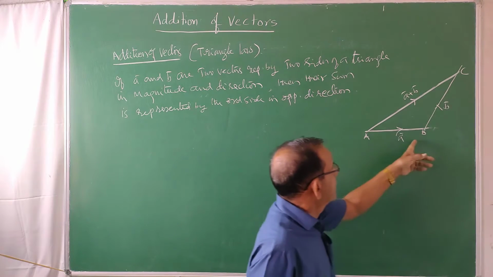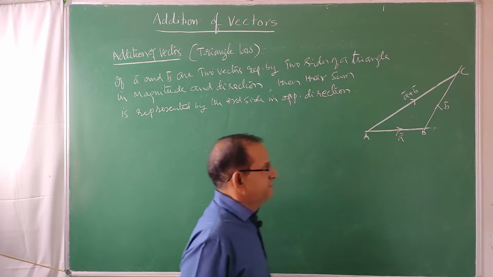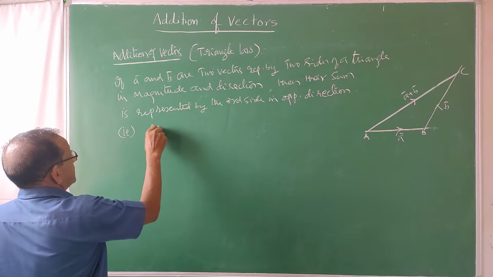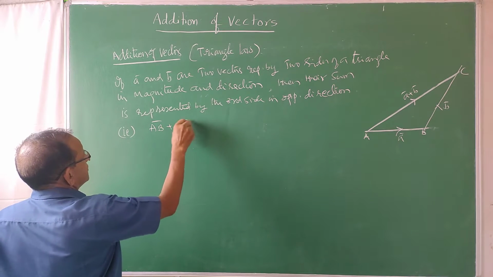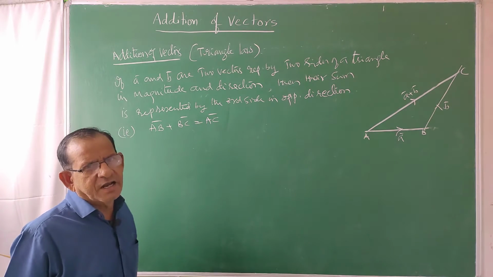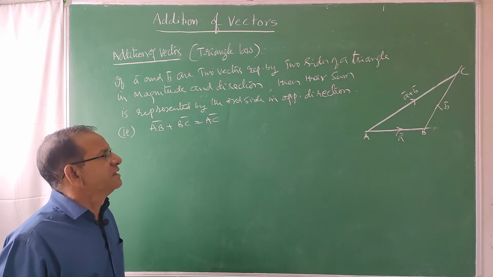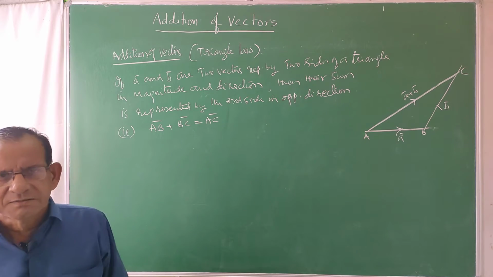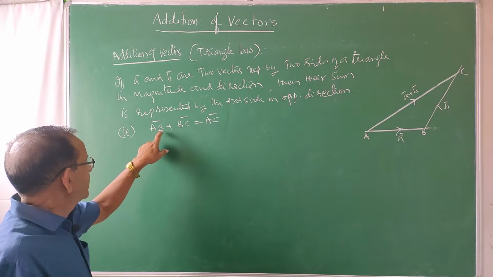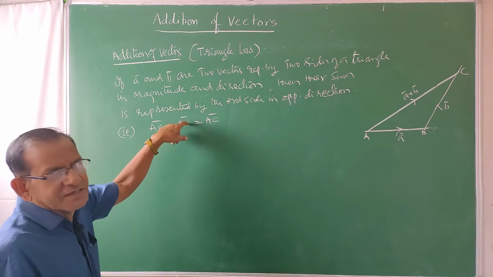That means AB bar plus BC bar is AC bar. We call it the triangle law, and this is useful for getting the sum of two vectors. Here a continuity point must be there. If you get AB plus BC, you will get AC.